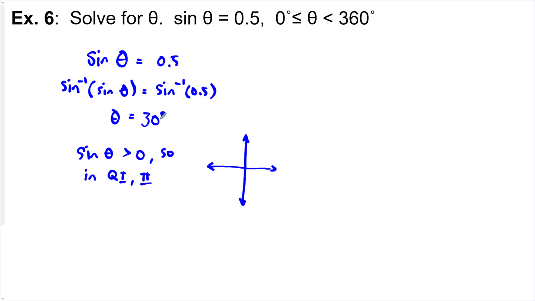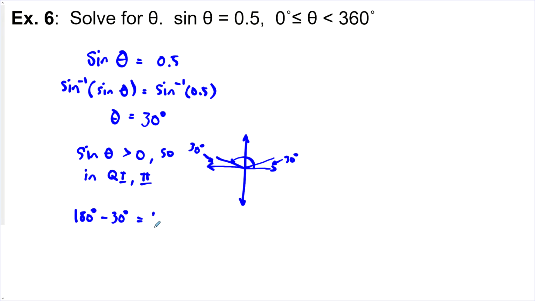Now we've got this answer from quadrant 1, it's 30 degrees. But there's also an answer here, and it has the same reference angle as this one. So this one is 30 degrees, and this reference angle right here is also 30 degrees. And so we can find this angle in standard position by taking 180 and then subtracting the 30 degrees to get 150 degrees.